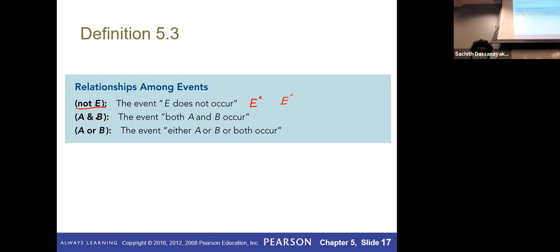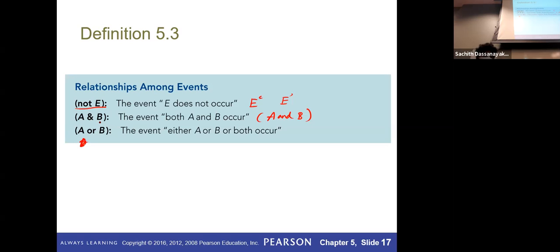Next one, A and B, both A and B. Later you will see another notation, the intersection notation, and you can replace "and" with it as well. A and B means both A and B occur at the same time, like an intersection.